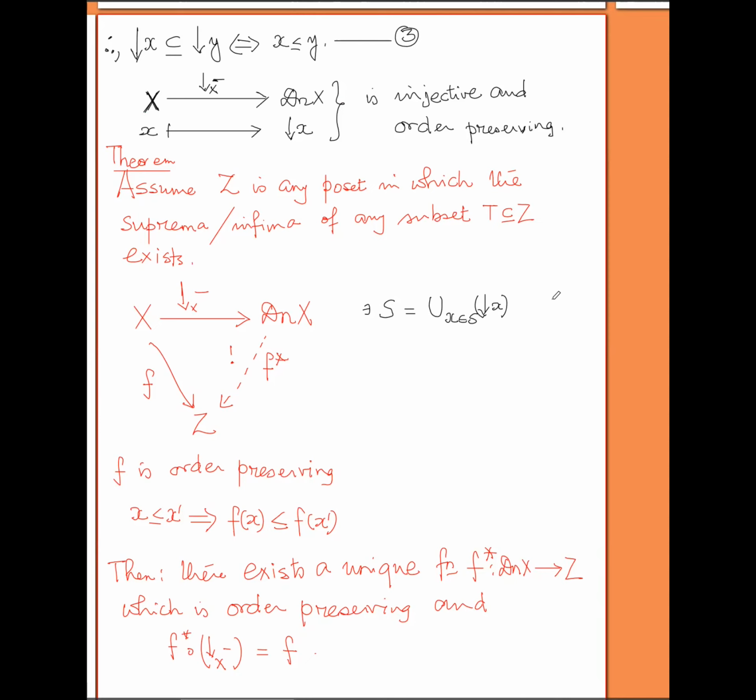If you analyze the situation, I need f star of the principal downset of x to be f of x. And I need it to be order preserving.